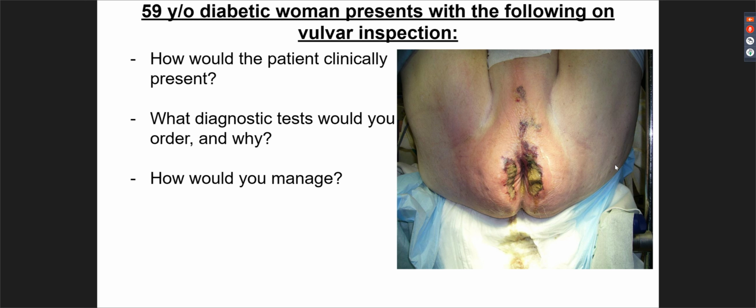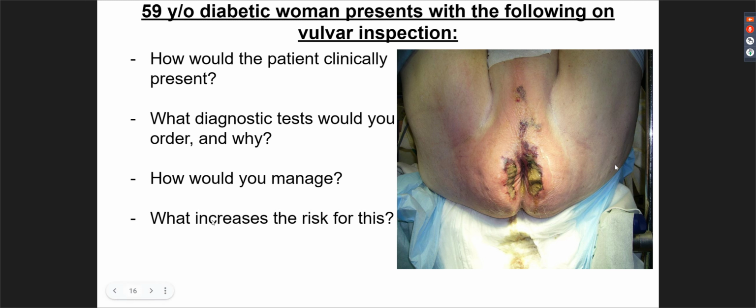And by debridement, what do you mean by that? You would need to remove any of the devitalized tissue to get to healthy tissue. Yeah, that's essentially the basics of that.